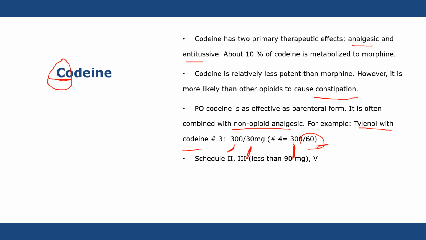Just FYI, Tylenol number 3 is more commonly prescribed than number 4. If you have a client with something like a dental workup, they will do Tylenol number 3. Codeine can be either Schedule 2, Schedule 3, or 5, depending on the milligrams of codeine that the patient is going to get.